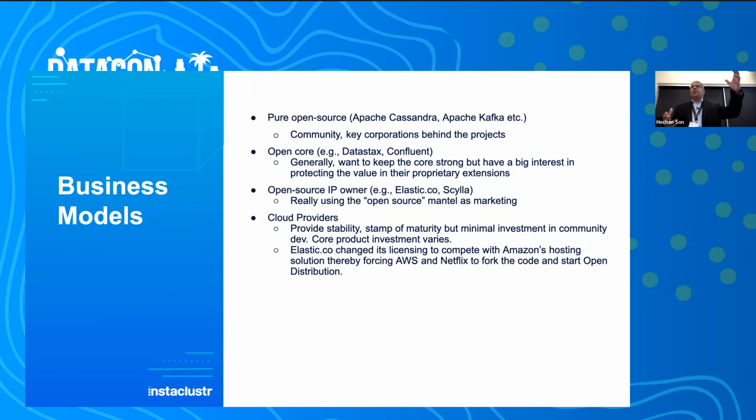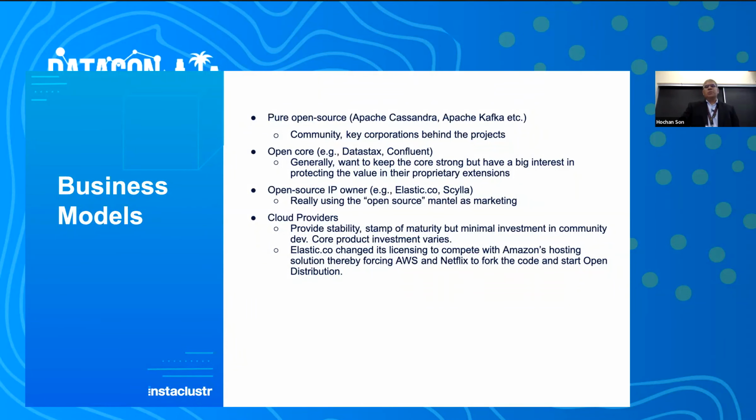With open source, I cannot make money. How do I make money? I add features. That's open core. Apache Cassandra was very popular, so DataStax took the open source version and added features to it and called it DataStax. Confluent took the open source Kafka version and added features to it, called it Confluent. Again, that's open core.